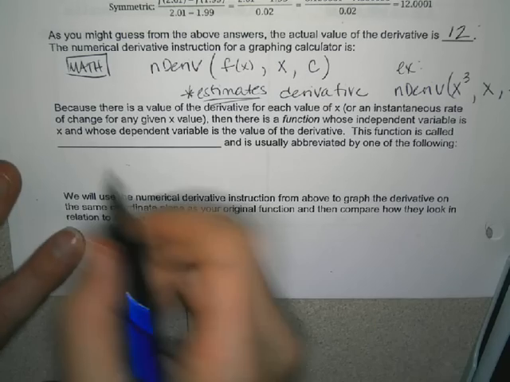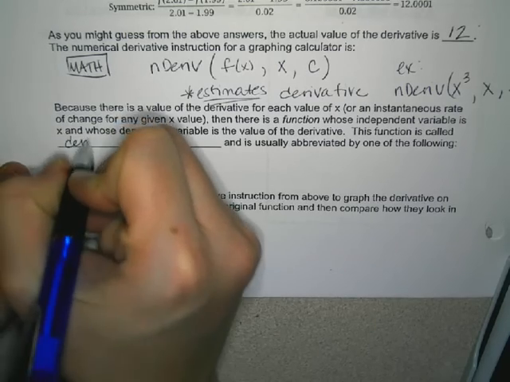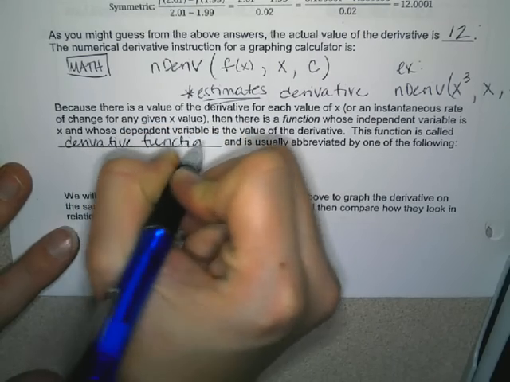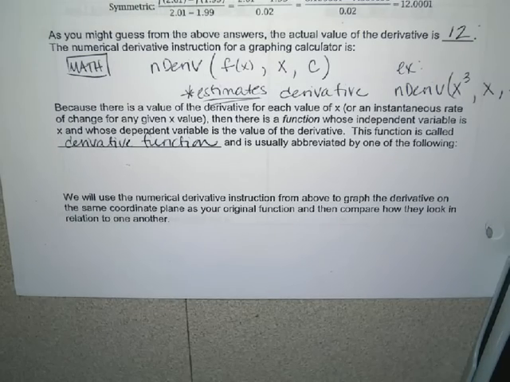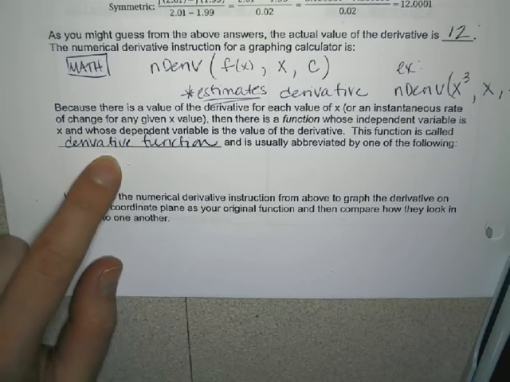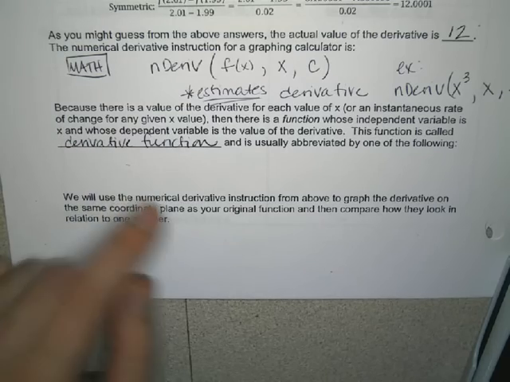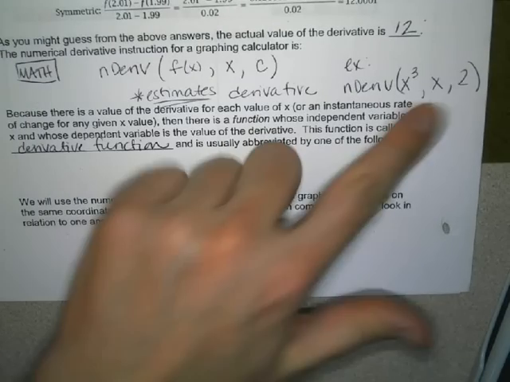This function is called the derivative function, for lack of a better term. And it's usually abbreviated by one of the following. So all this is saying is that there is a function that exists that if you plugged in 2, you would get out 12.